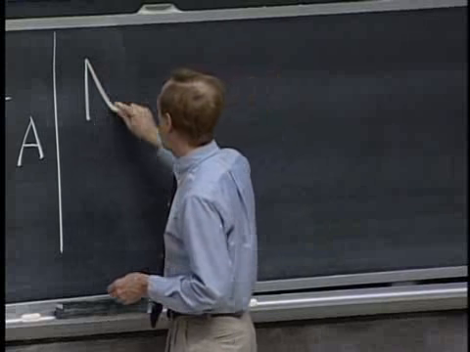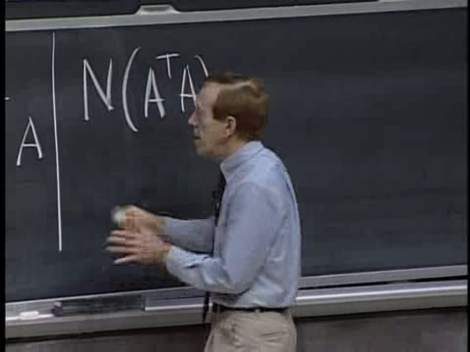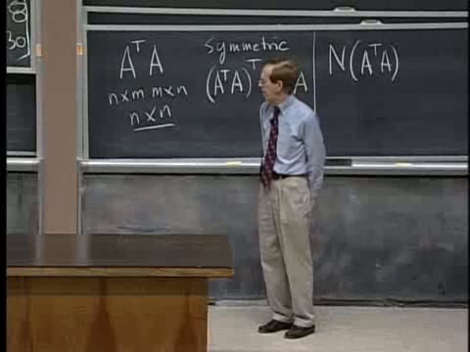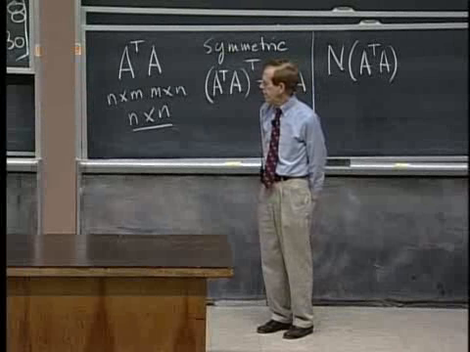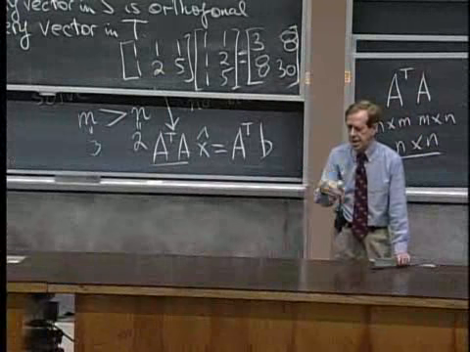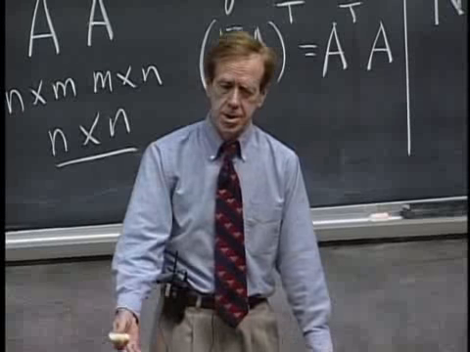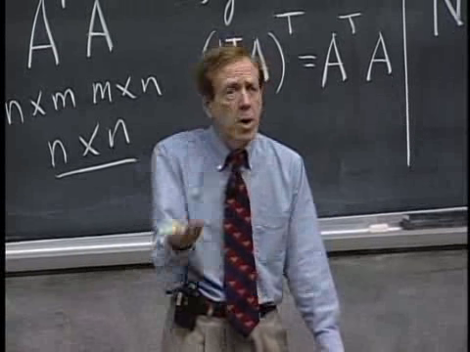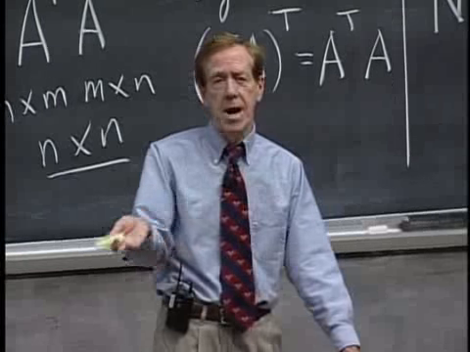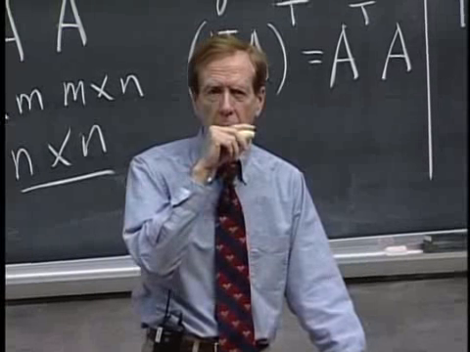A transpose A is not going to be always invertible. I can't say A transpose A is always invertible, because that's asking too much. What could the matrix A be, for example, so that A transpose A was not invertible?